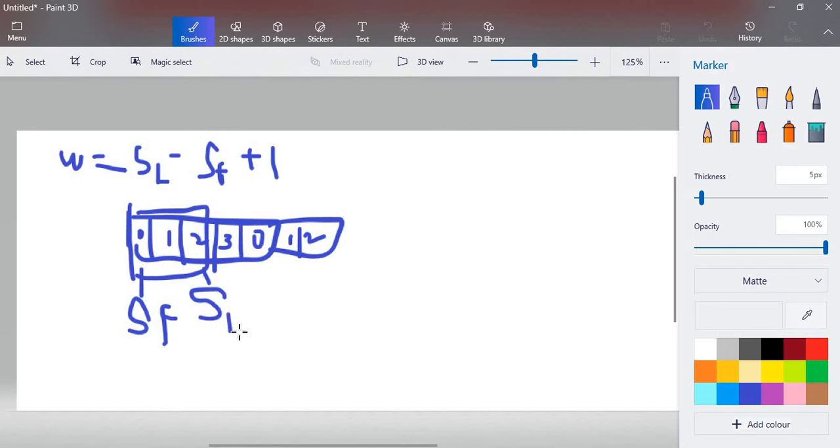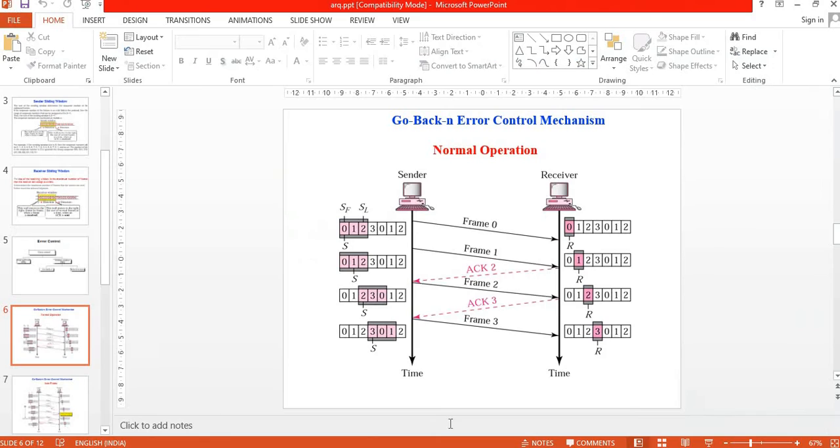The last element is denoted by the variable SL. The frame currently being transmitted is represented by the variable S. So the window size must be SL minus SF plus 1. Here it is 2 minus 0, 2, plus 1, so the window size is now 3. The window size is not variable, it is fixed throughout.